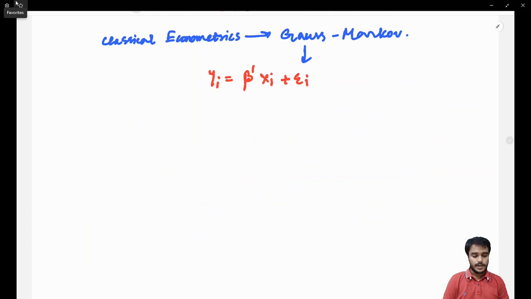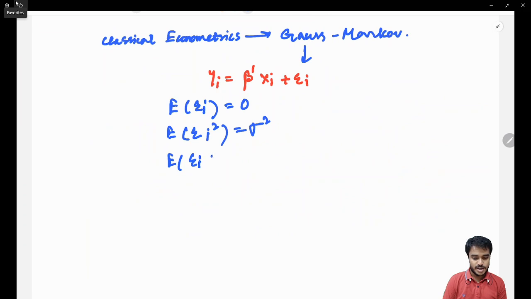Okay, so what do the Gauss Markov assumptions say? Expectation of epsilon i is equal to 0, expectation of epsilon i square equals sigma square, expectation of epsilon i epsilon j is equal to 0. Zero mean and constant variance are the main assumptions.